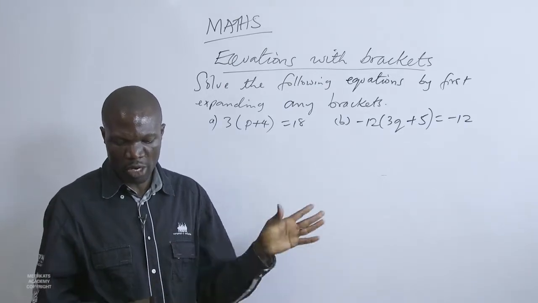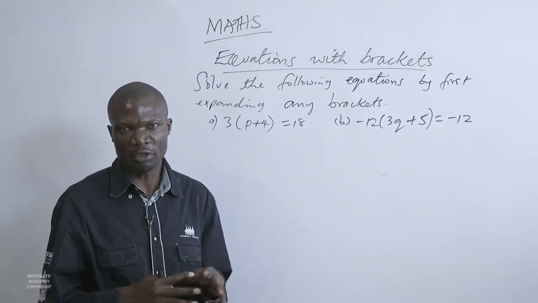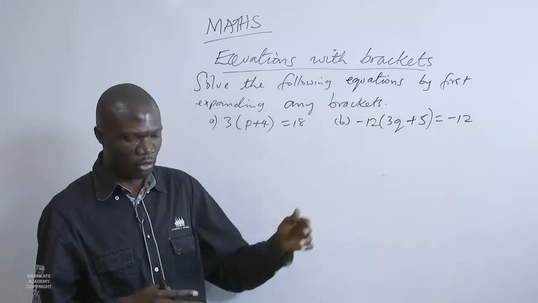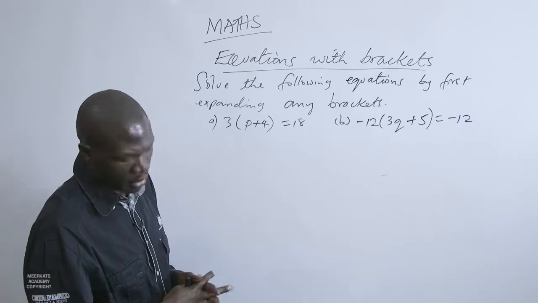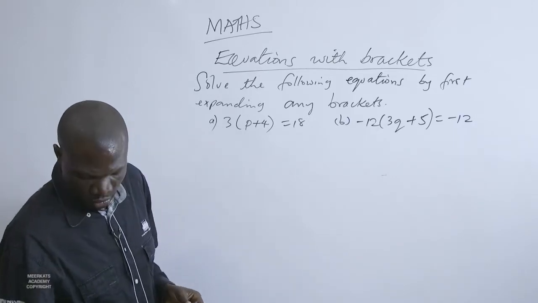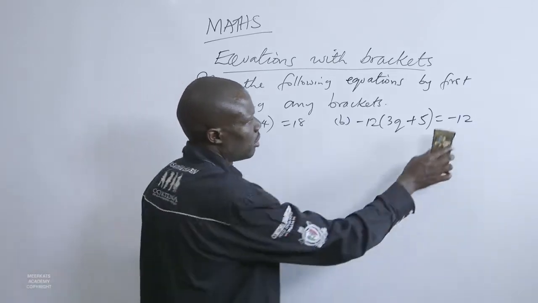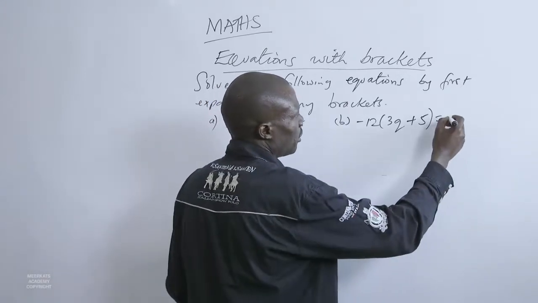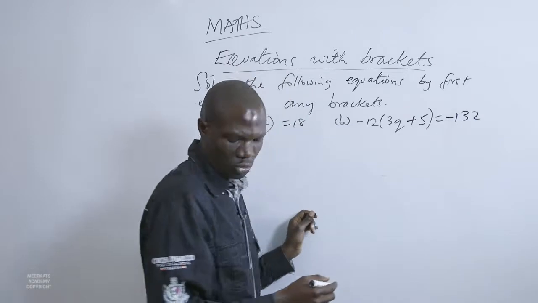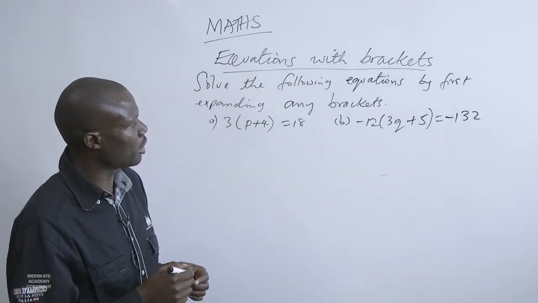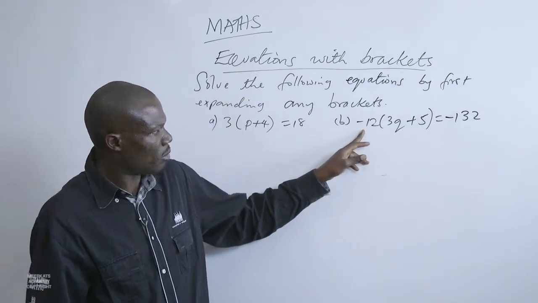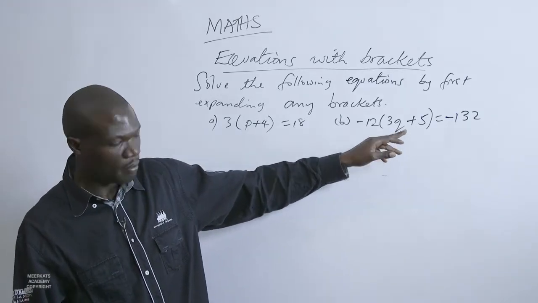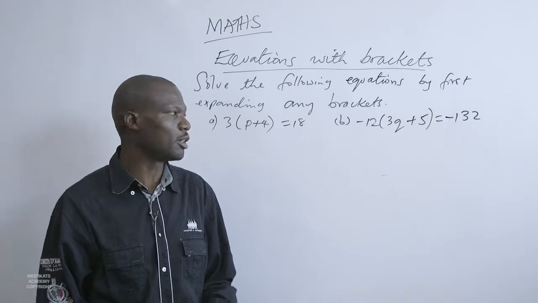And b, we have minus 12 into bracket 3q plus 5, and this one equals minus 132.